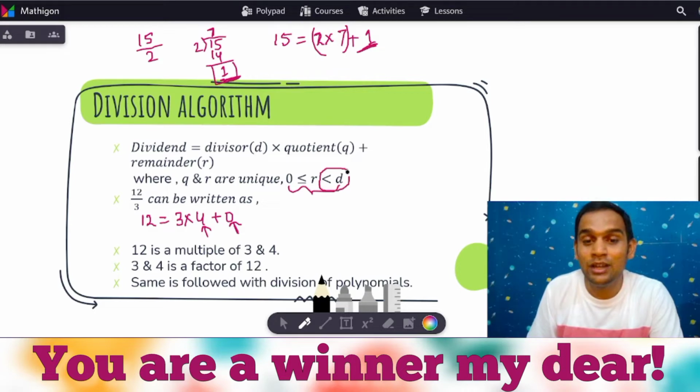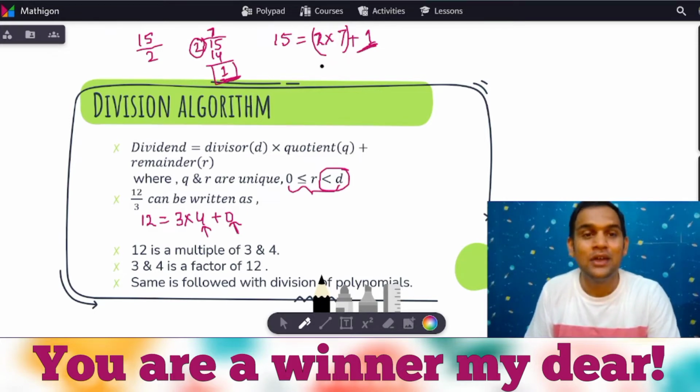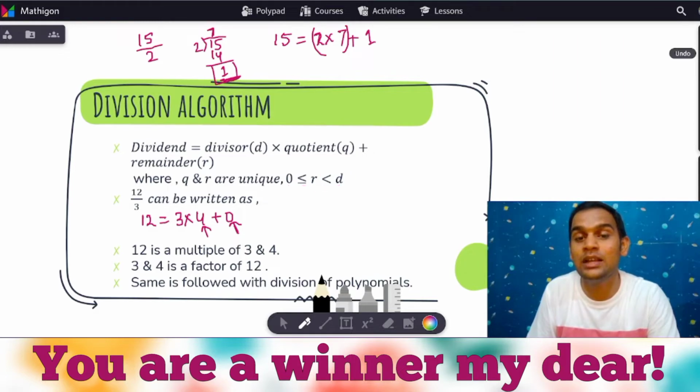So what is the meaning of that? The remainder is less than the divisor. Here the divisor is 2, so there is no possibility that the remainder can even be 2, because there is no equal to here. It says it is always less than, and that is true in any kind of division. That is what the division algorithm is.